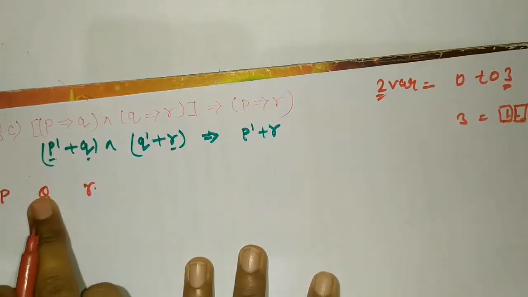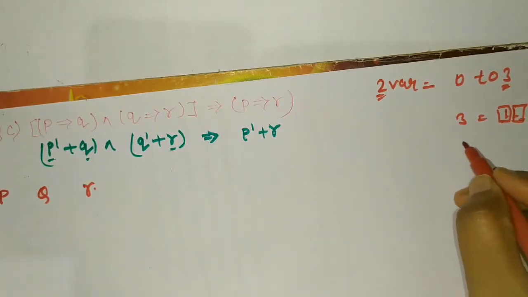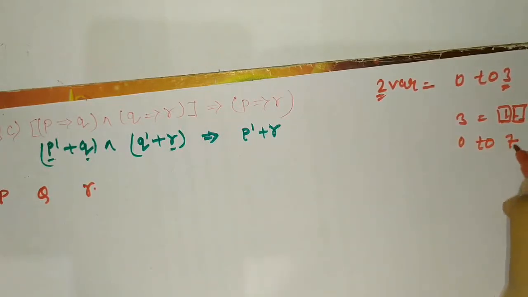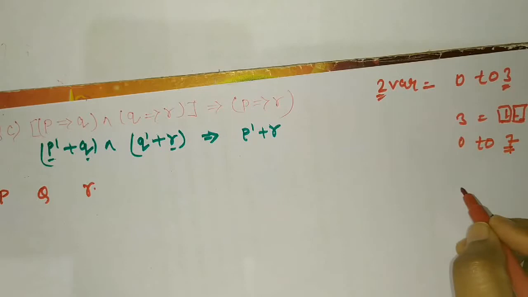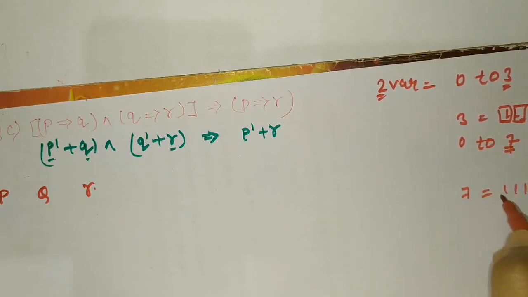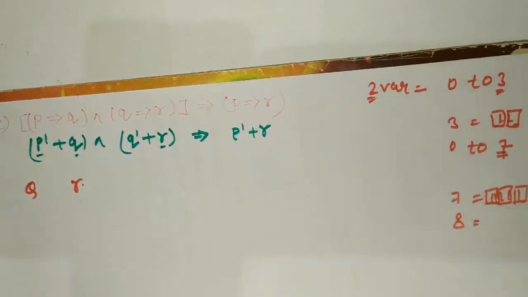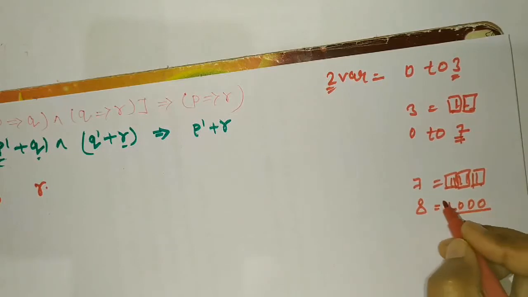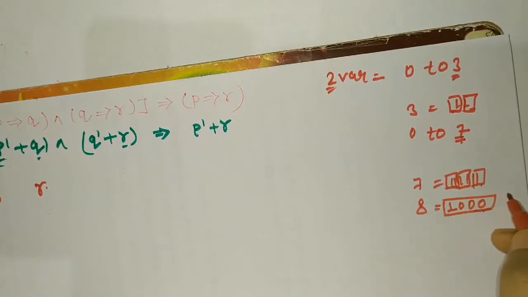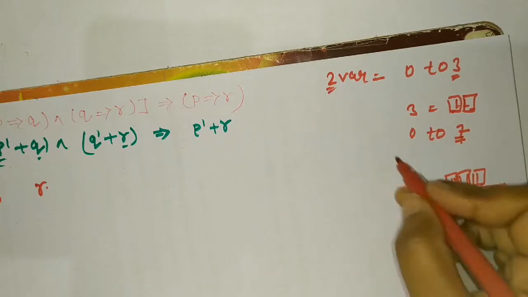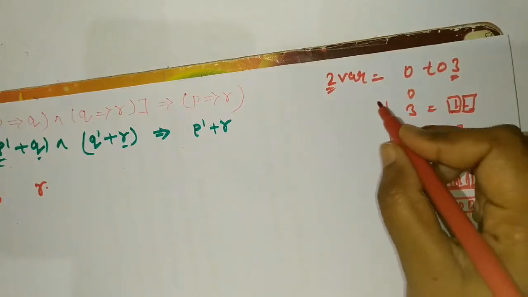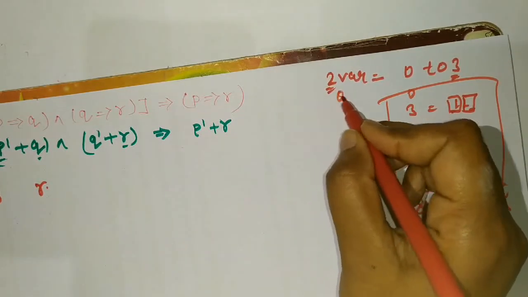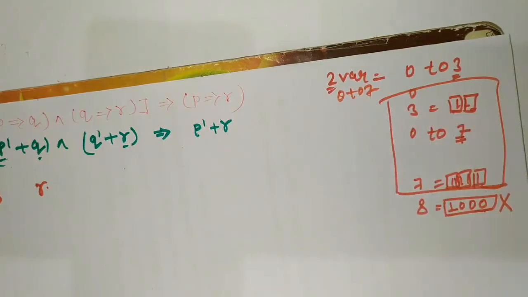But in this question there are three variables, so we have to take 0 to 7 because the binary number of 7 is 1, 1, 1, only 3 digits. The binary number of 8 is 1, 0, 0, 0, which is 4 digits, so we cannot take 8, only up to 7. The input is 0 to 7.